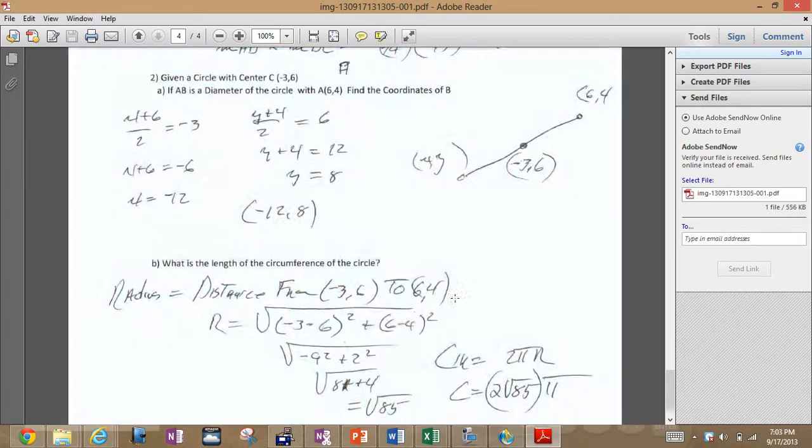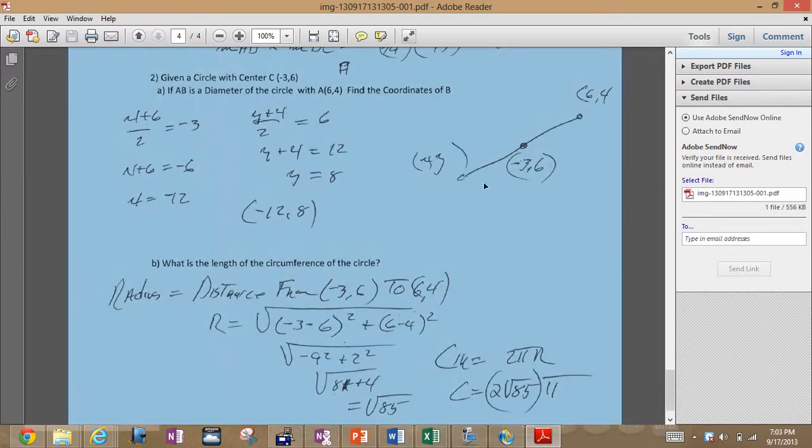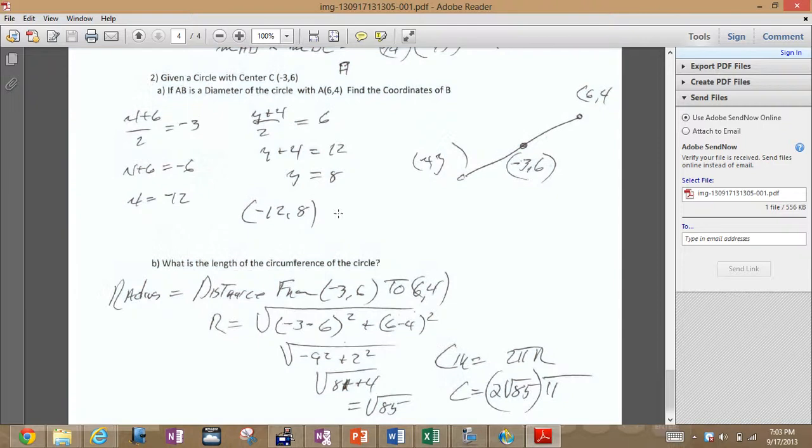So r is, of course, the distance between the center of the circle here at -3,6 and either the -12,8, which we recently acquired, or the 6,4. So any way you look at it, this comes down to radical 85. That's the radius. So 2 radical 85 times pi is the circumference. I mean, the area could have been found just as easily.